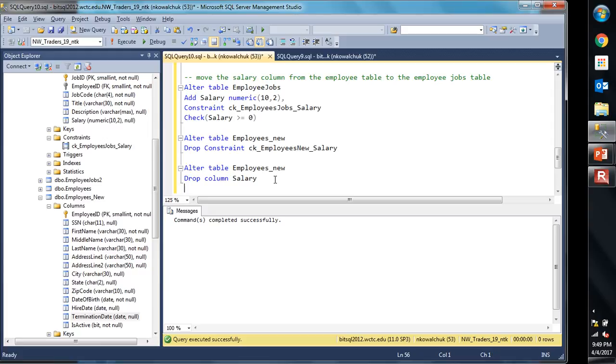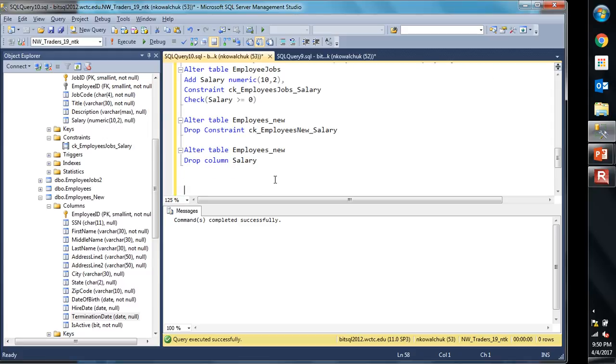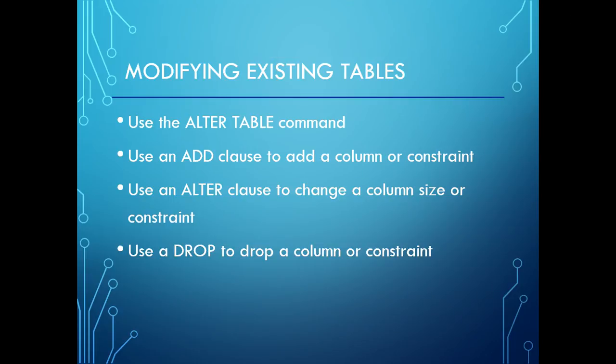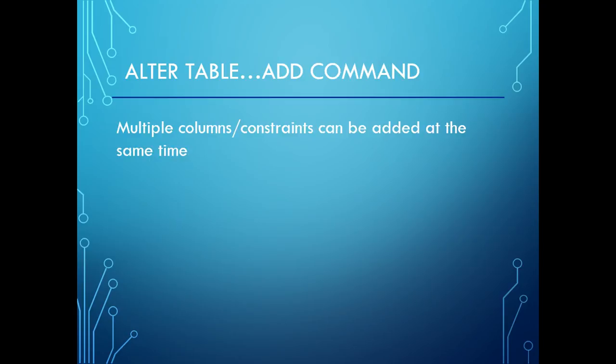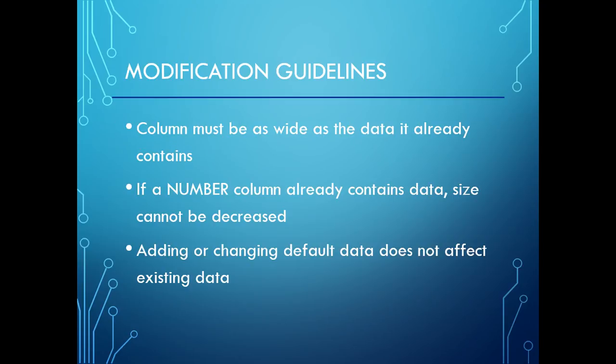So let's say we need to also change an existing value. Say for some reason the city column is too small. We need to make it bigger. So we can use alter table, alter column to change its size, its nullability, or its default value. When we change the column, though, we can't make it smaller than any of the data it contains.